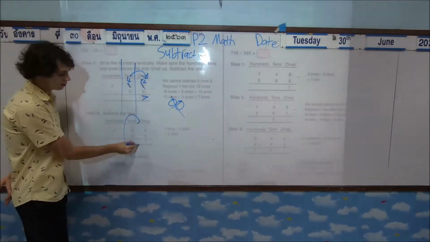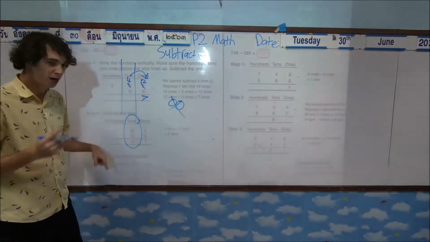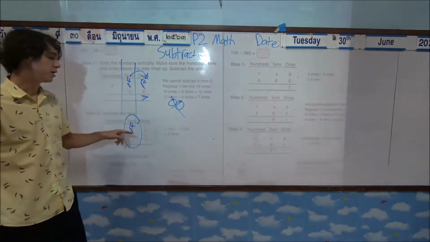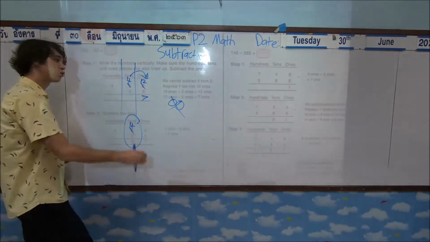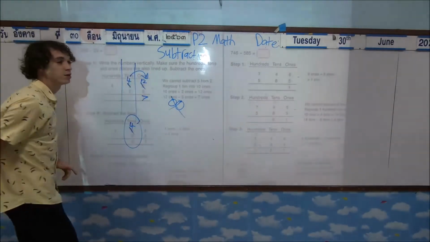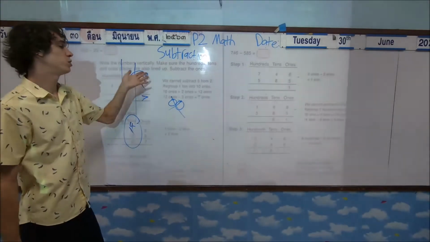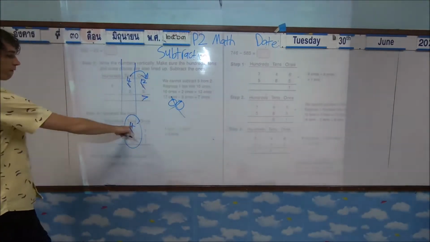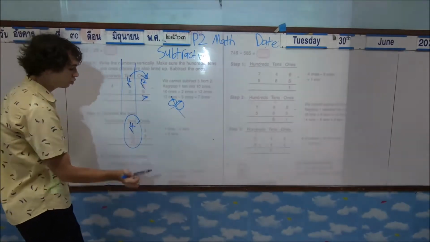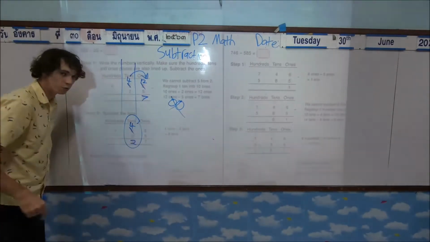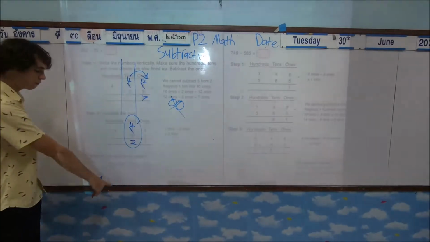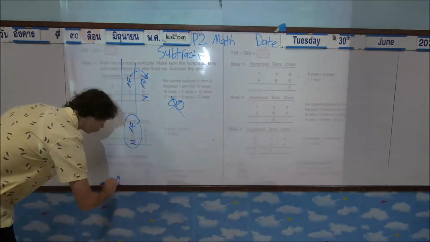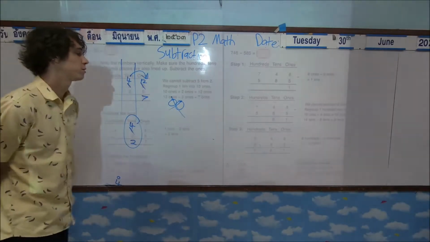Now look at the tens. It's not 5 minus 2, it's 4 minus 2. Because we borrowed 10 ones. We use 10 ones in the ones place. 4 tens minus 2 is 2. And 4 minus 0 is 400s.